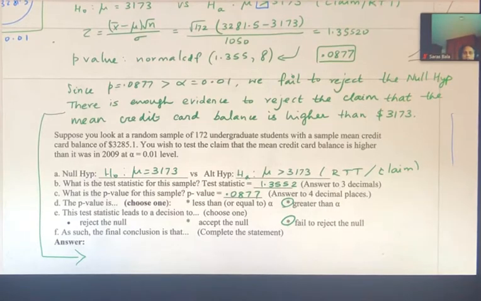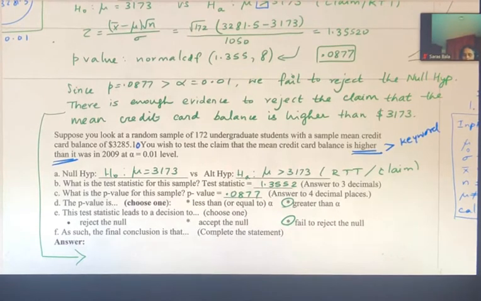Suppose you take a sample of 172 undergrad students with the sample mean credit card balance as 3285.10. If this is going to be the number, you are going to test higher than. This is also a keyword. Higher than is the keyword for greater than.